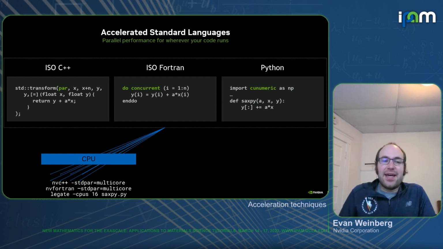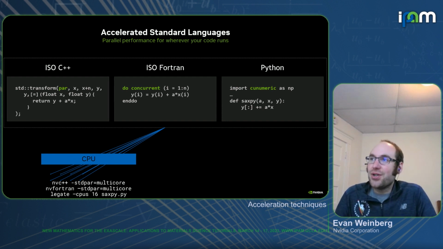So this is something that there's a lot of support we're working on in the Nvidia stack, but it's also becoming part of the C++ standard, so it's not just an Nvidia thing.